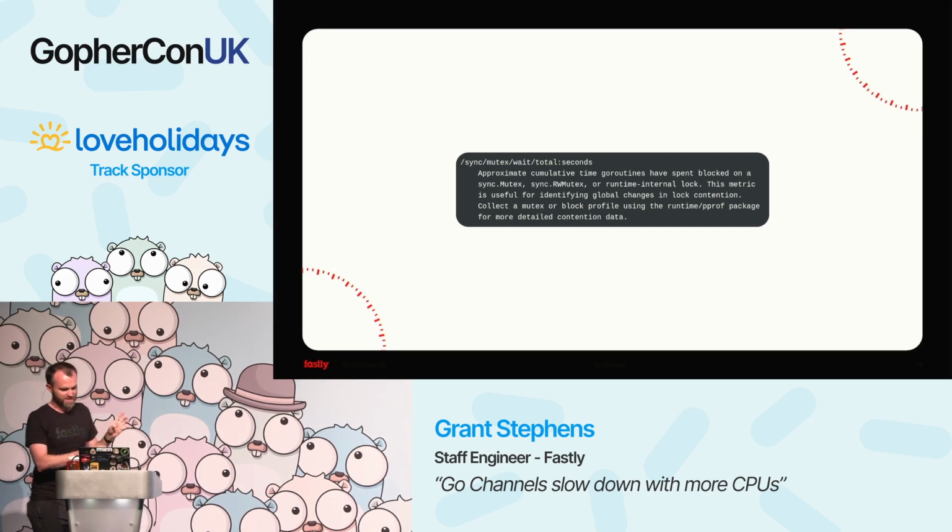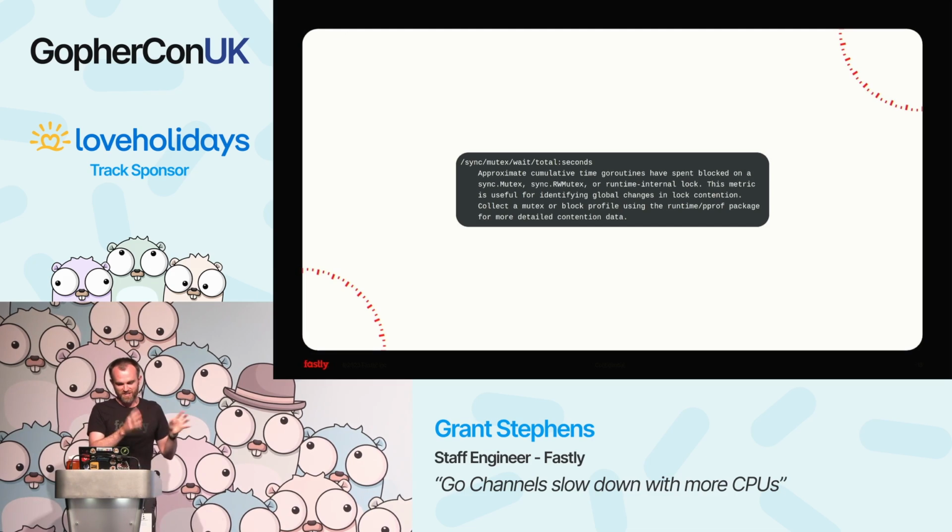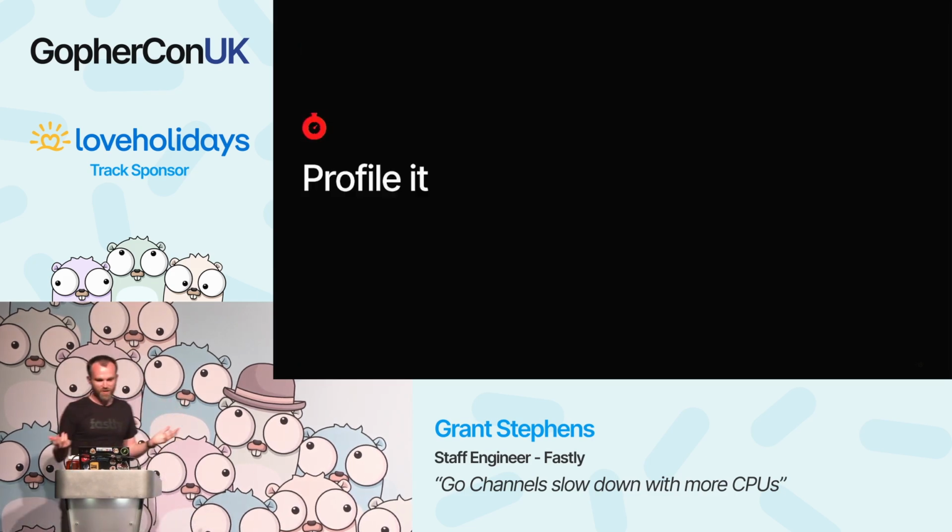We'll get to that a bit later. Anyway, that would be one of the metrics to look at that might describe this problem, but as that only got released on Tuesday, we haven't really done that in production yet. So taking a step back, the old way of doing it is to profile it.